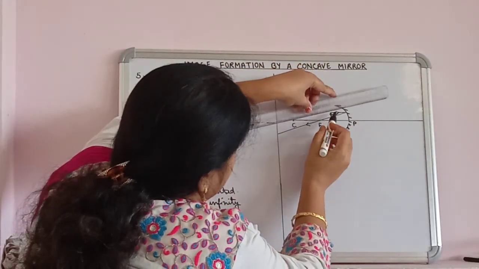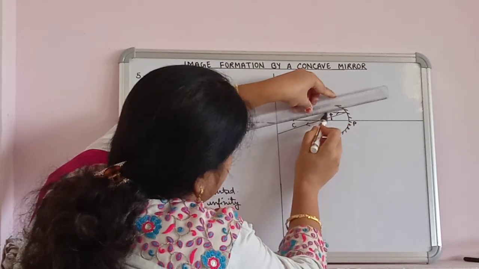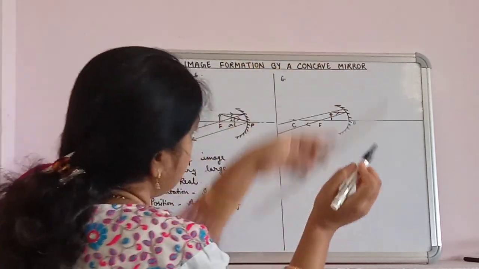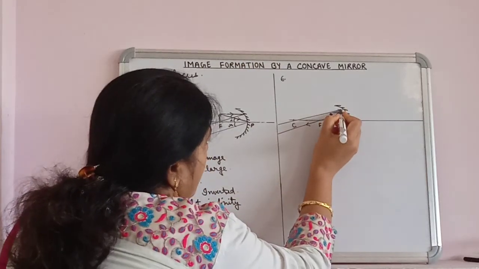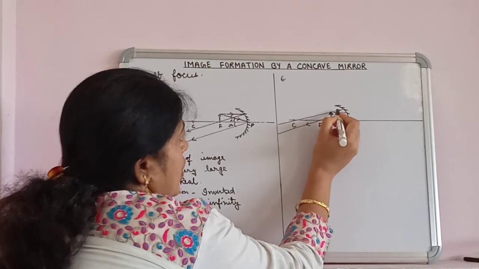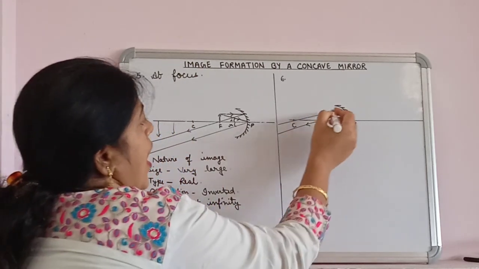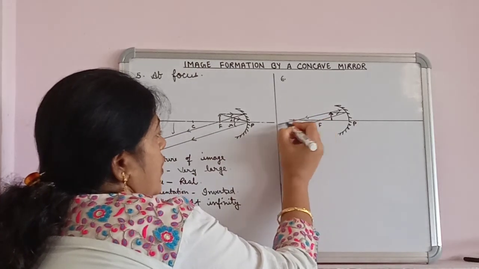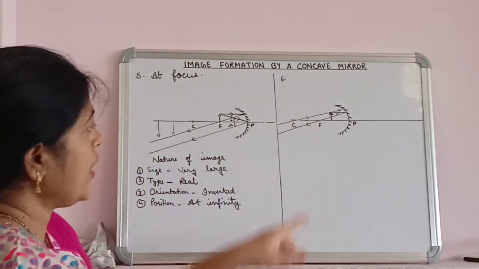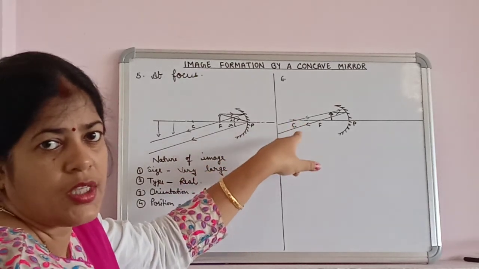The ray of light that is directed towards the center of curvature, like this. This is the incident ray from the tip of the object. It is coming and falling on the mirror surface, and it will retrace its path after reflection. Now you can see here these two rays are diverging away from each other.